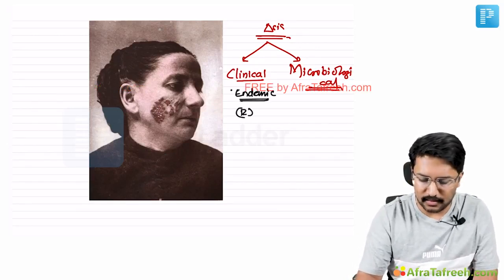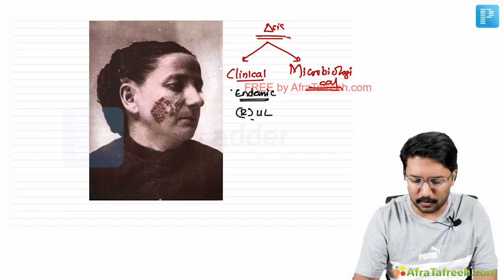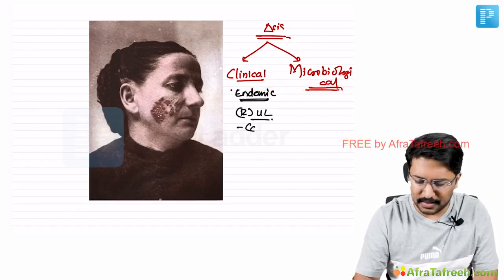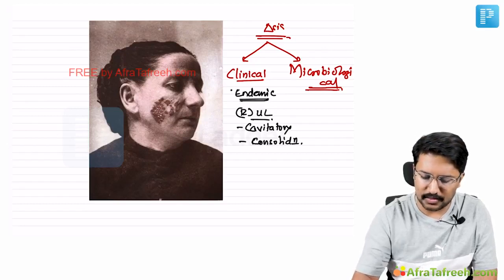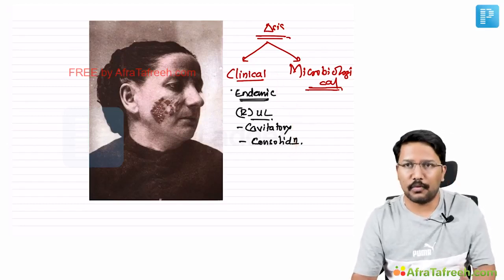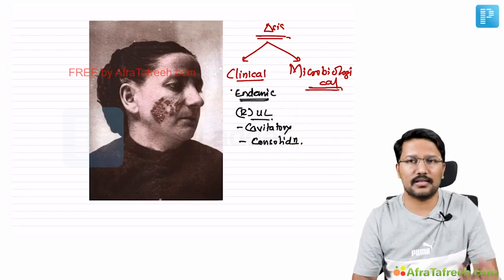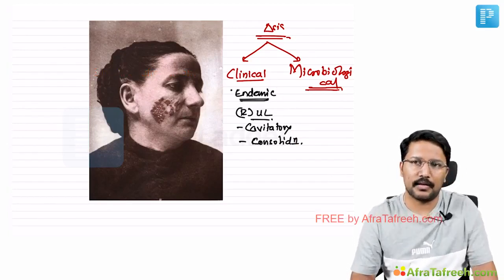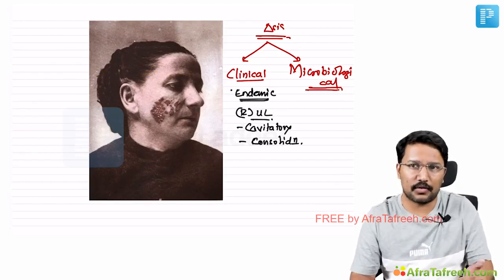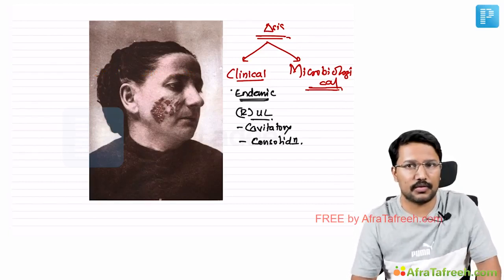Mainly right upper lobe or maybe even left upper lobe involvement presenting with a cavitary lesion in that location, maybe with consolidation or fibrotic changes. Right? For all practical purposes, until and unless proven otherwise, for me or for most Indian physicians, this is a case of tuberculosis. Even if this patient's sputum comes negative, even if we are not able to prove microbiological evidence to say that there is active tuberculosis, right?